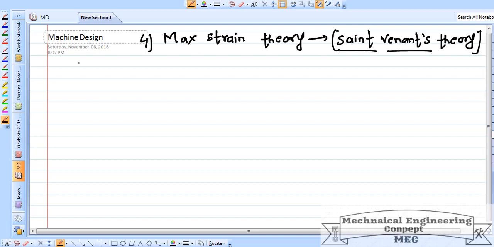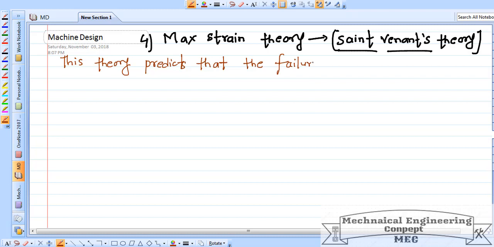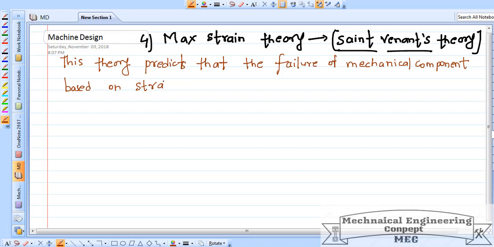Okay, so this theory predicts that the failure of the component, or mechanical component, is based on the strain at yield point.